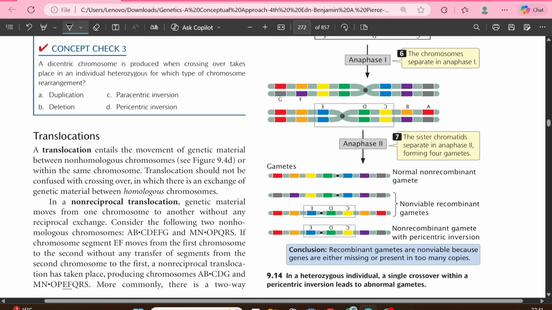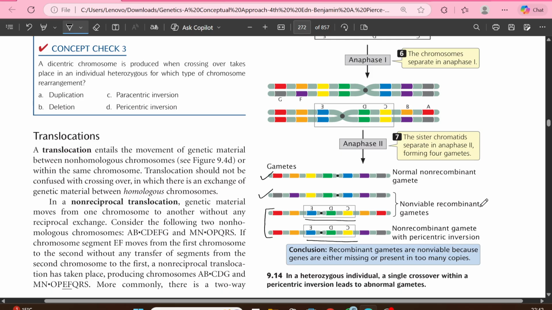The two of the gametes become normal, and the two of the gametes are non-recombinant gametes, but the recombinant gametes have the inversion sequences, and because of that they become non-viable, and they will not be able to produce anything like that. Okay, so this is what the case of paracentric and pericentric involves.